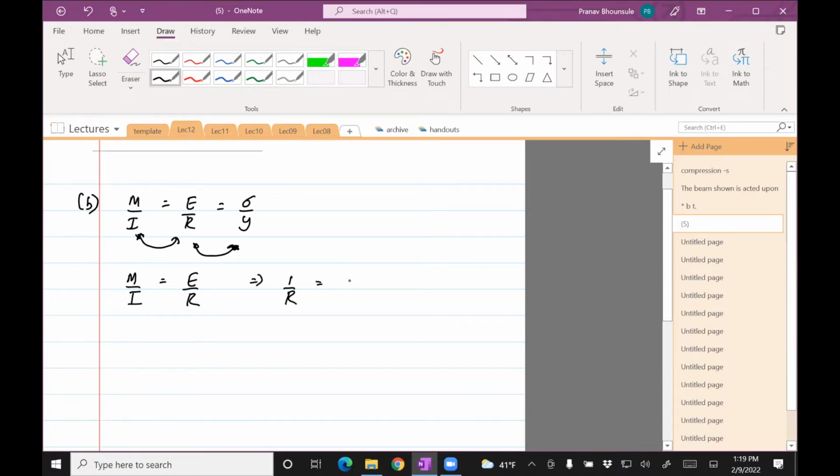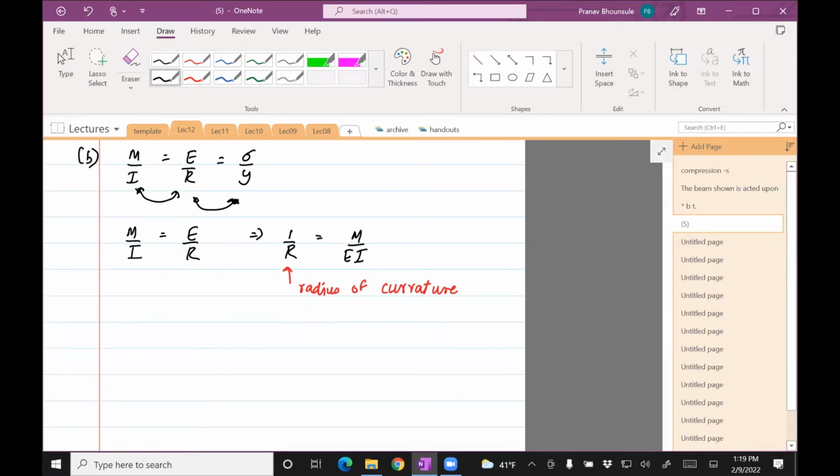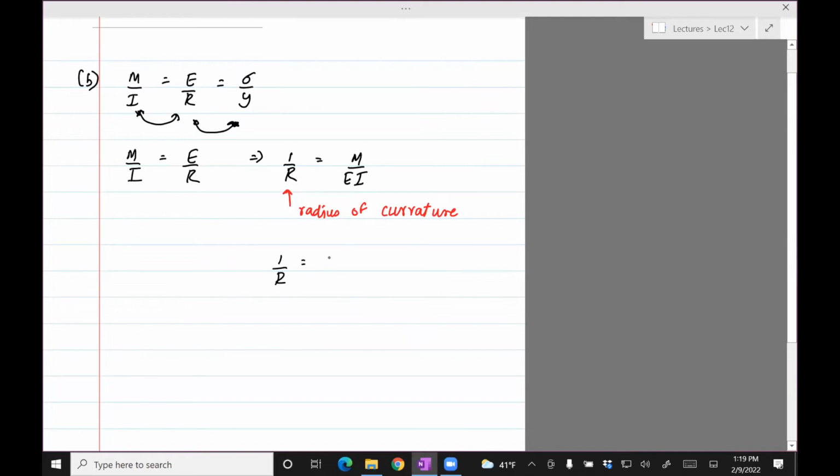And so 1 divided by R is M divided by EI. Okay, by the way, this is the radius of curvature. It is 1 divided by R. It's not R. R is the radius. Radius of curvature is the inverse of R. So now you can sub in. M is 103.8 kip inch.